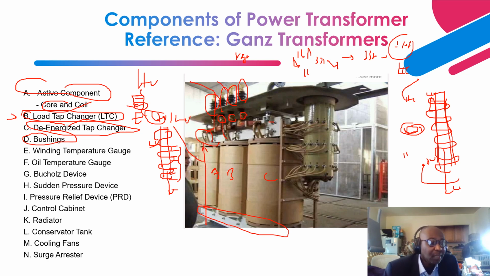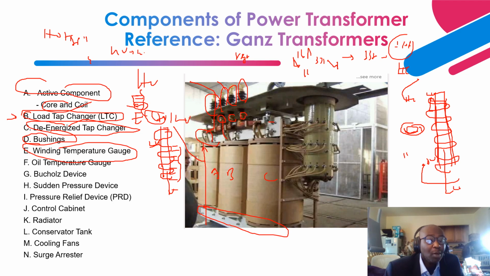Next is the winding temperature gauge. What it does is basically to provide an indication of the winding temperature, and as a matter of fact, the hotspot temperature. For the hotspot temperature, we have a dedicated CT that measures the low voltage load current. You have a low voltage and basically that goes to the load.